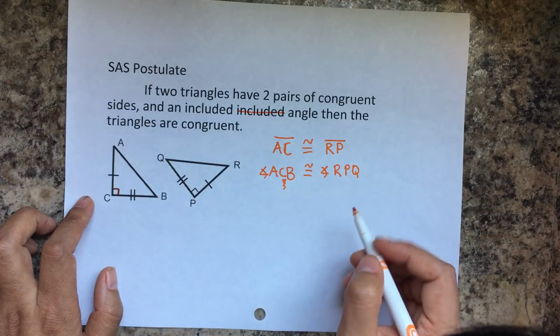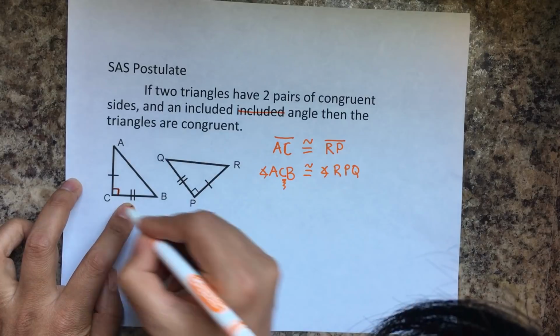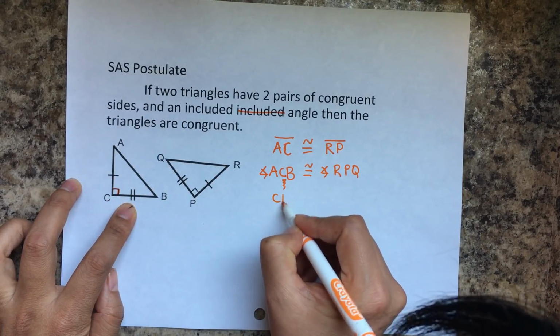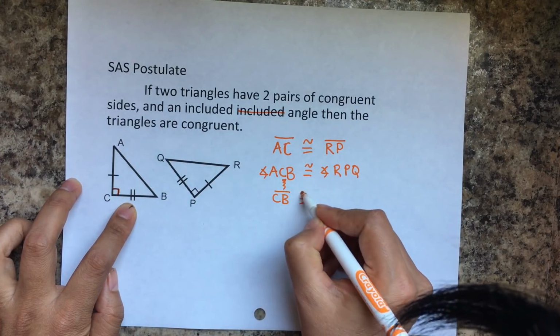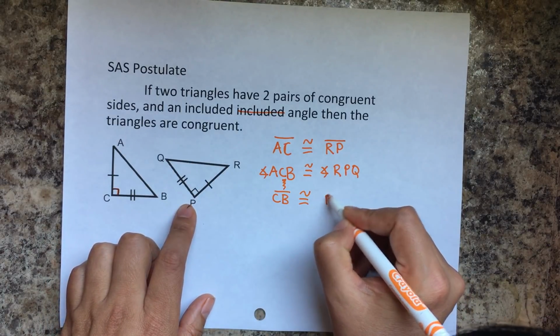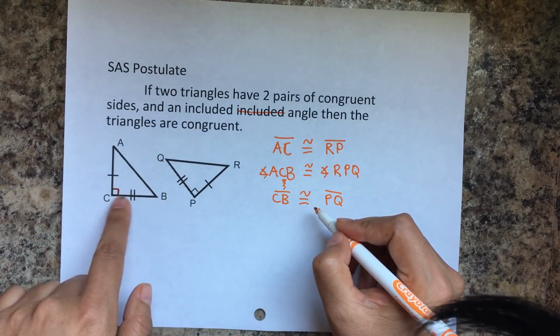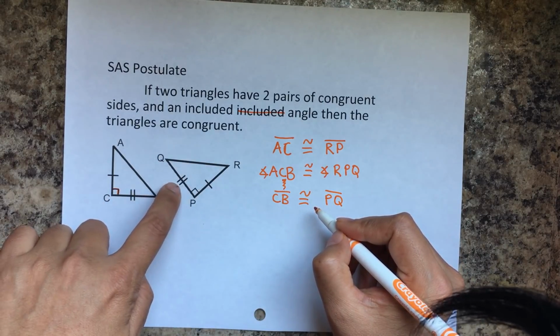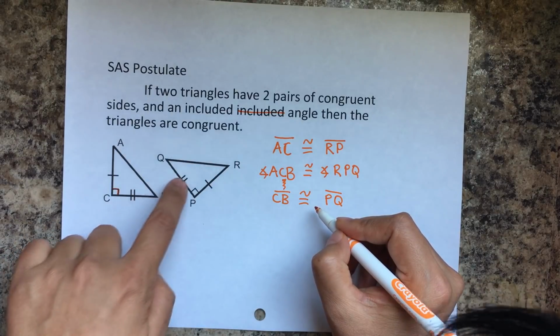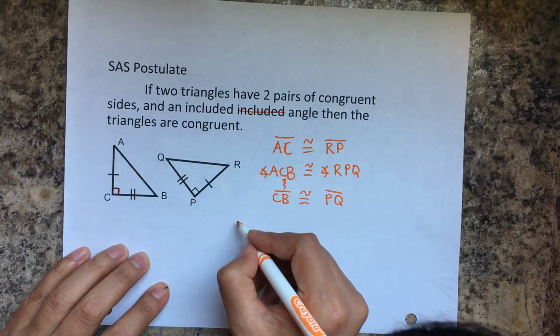Okay, and we also know that CB is congruent to PQ. Why CB and PQ? Because both of those have two markings.